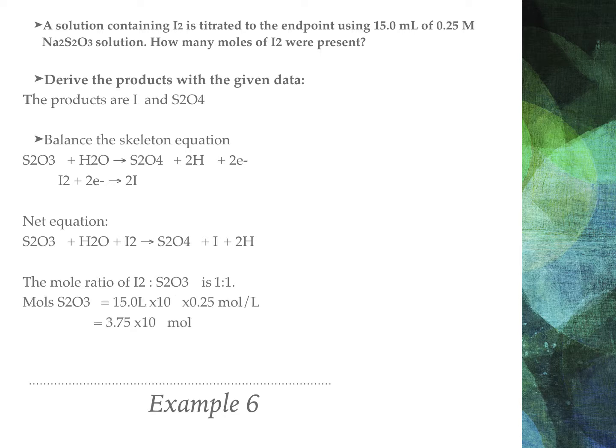Hence, to find the moles of S2O3, we can multiply 50 milliliters by 0.25 moles per liter, giving us 3.75 times 10 to the negative 3 moles. Since the ratio of I2 to S2O3 is 1-to-1, the number of moles of I2 present is also 3.75 times 10 to the negative 3 moles.